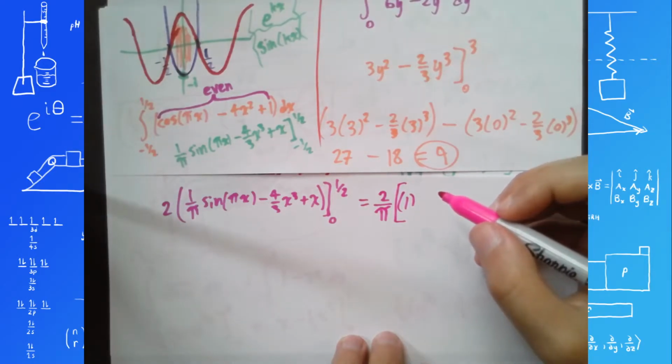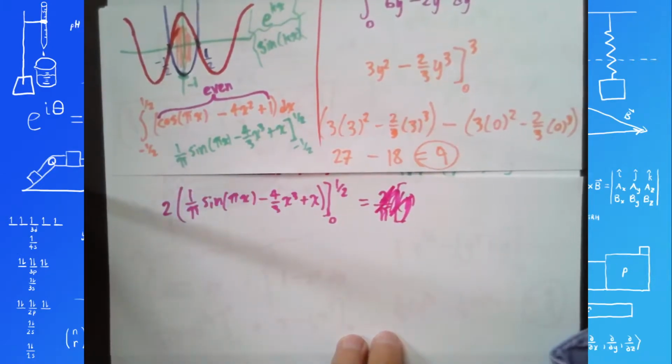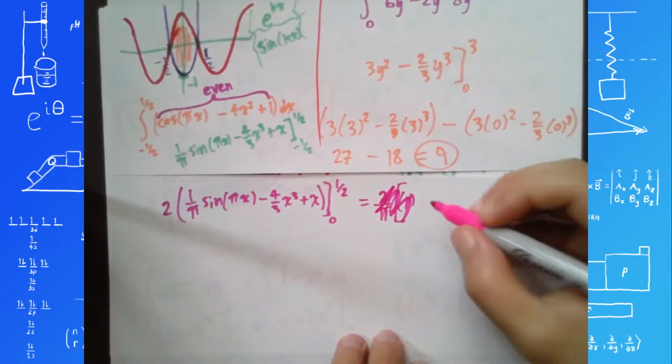Oh, wait a minute. No. What am I doing? Do not multiply the 2. I just realized that's a bad idea. Okay.